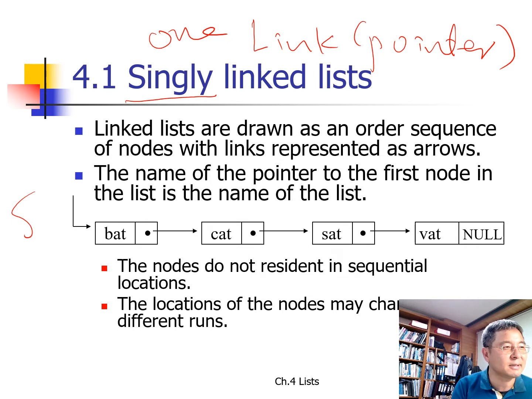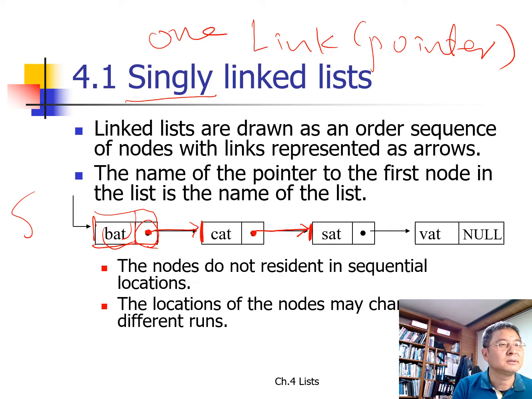Okay, so bat is the first element, and each data element consists of a data part and a link part. This link will point to the next element's address, and in the same way, this pointer will point to the next element's address.